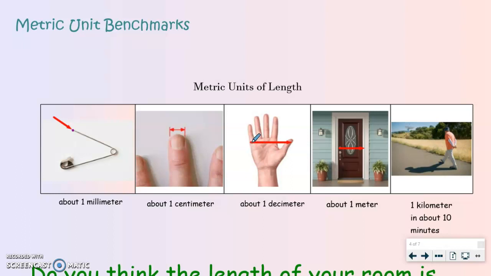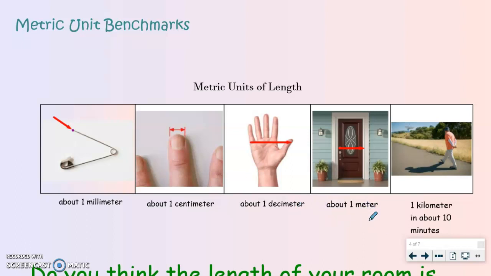So if you went from the base of your pinky all the way out to your thumb, and if your hand was relaxed, not all the fingers close together, from the base of the pinky to the thumb would be about a decimeter in width.